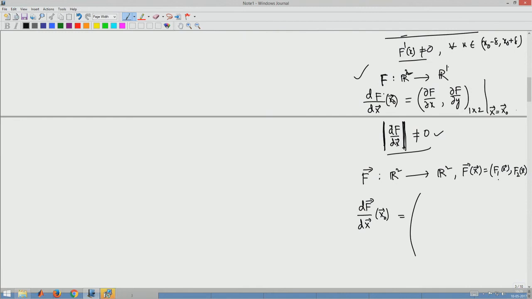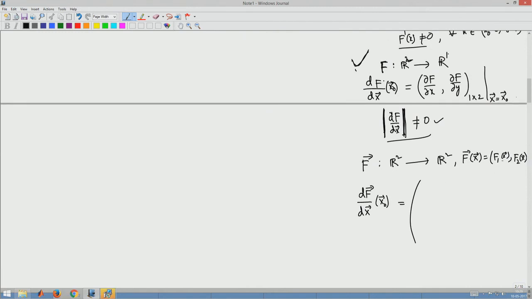So, you have two components, each of this is like the earlier type. Now, what is this one? This is a vector. So, you should write it like f1 of x bar, f2 of x bar. So, it is a vector in R2, this is how it is.